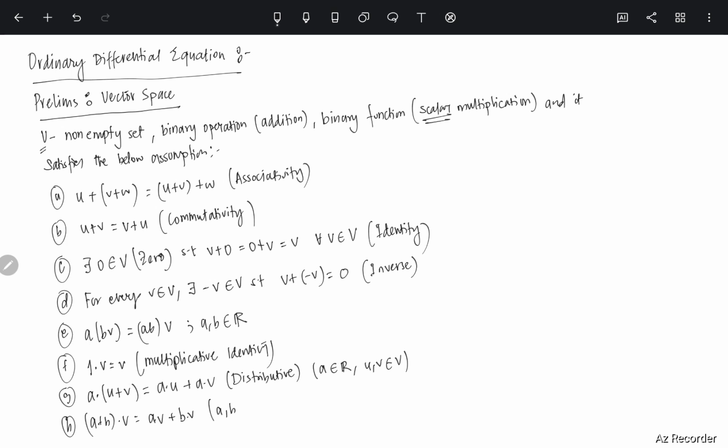And again here A, B are in R and V is in V, for any V in V. It doesn't matter which one.